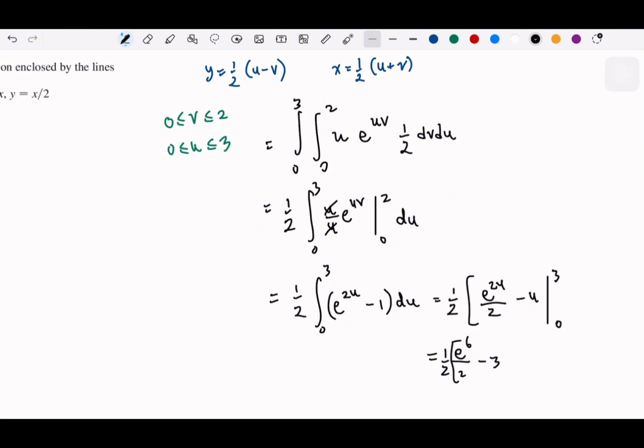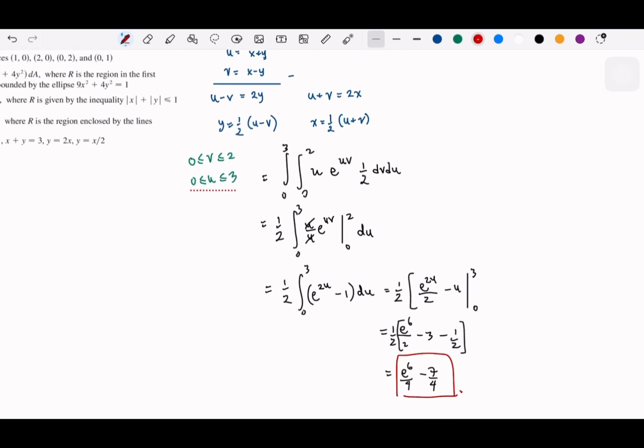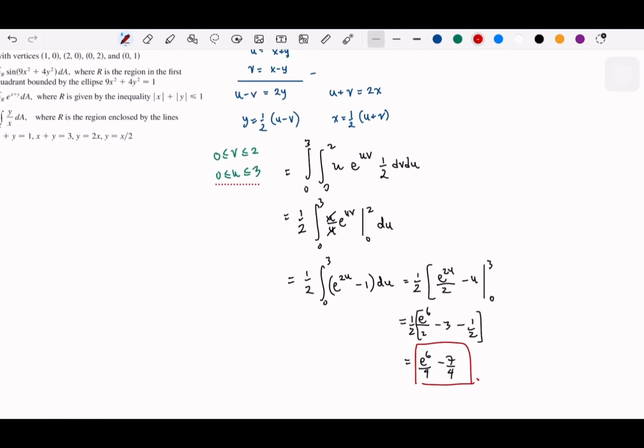And then minus 1 over 2, right? So e with power of 6 over 4, negative 7 over 2, so negative 7 over 4. Okay.